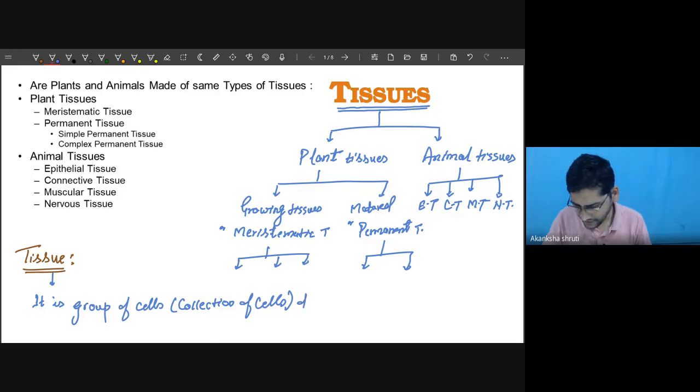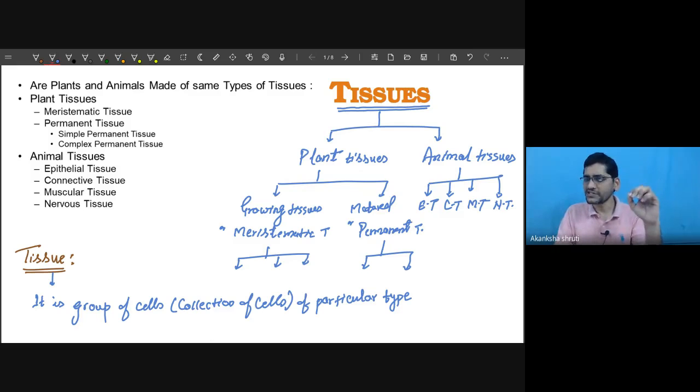A group of cells of a particular kind or particular type. Like we have learned in our chapter on the cell that there is bone cell, there is nervous cell. So many kinds of cells we have learned. So that's why a particular kind of cell combines together to form a particular tissue.